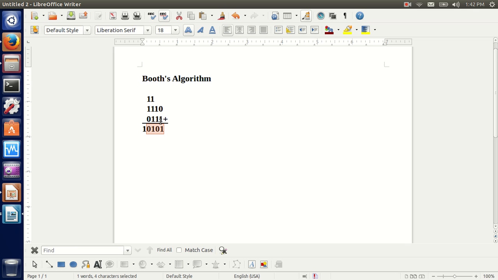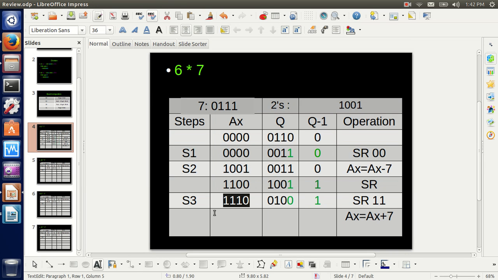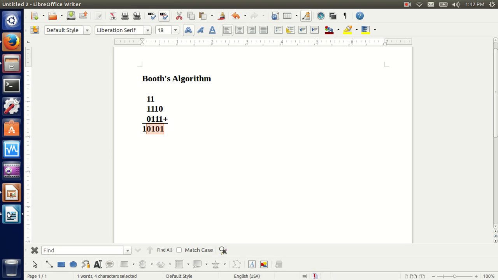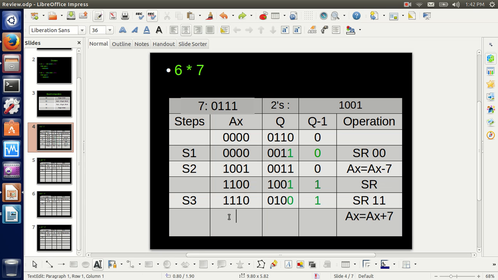Remember, I need to shift also, so here I'll have 0 1 0 1.